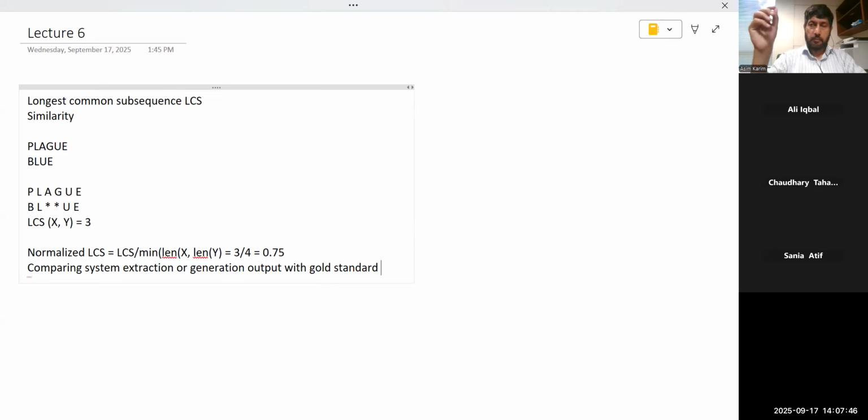So let's say you had a summarization or translation problem, your system generated some sentence, and you also have a gold truth sentence. To see whether these two sentences match, you can use longest common subsequence. You do an alignment and then you count the number of characters that are the same in sequence in the two strings. And if you want to normalize it, you divide it by the length of the smaller string. Okay?